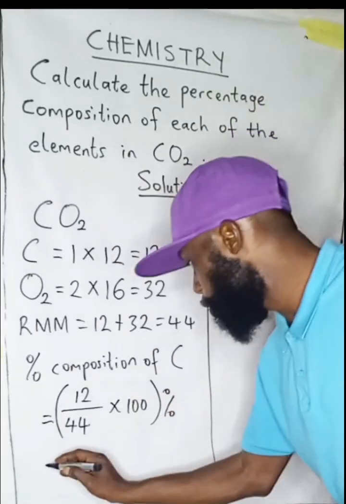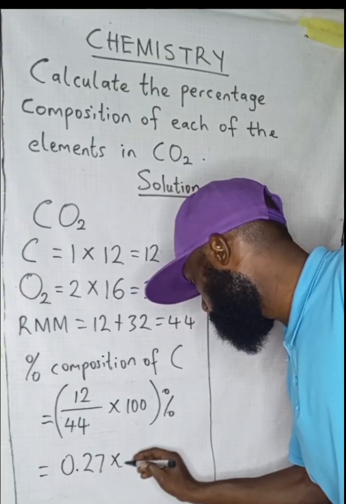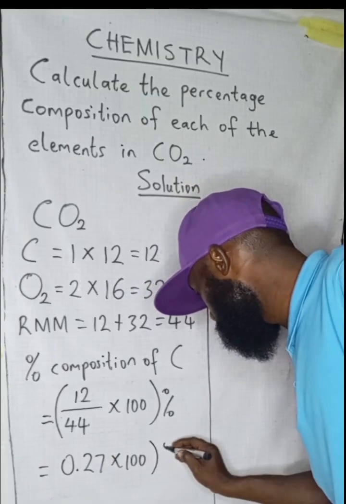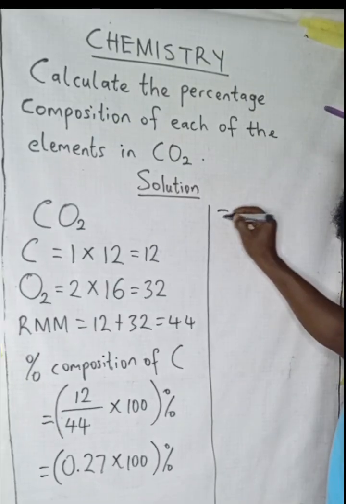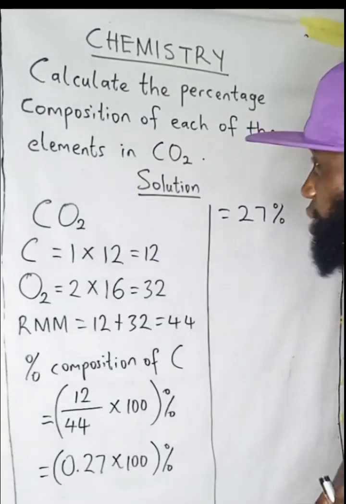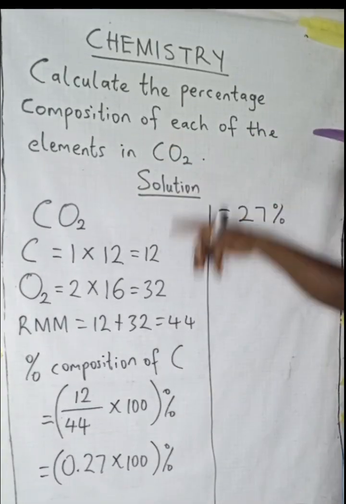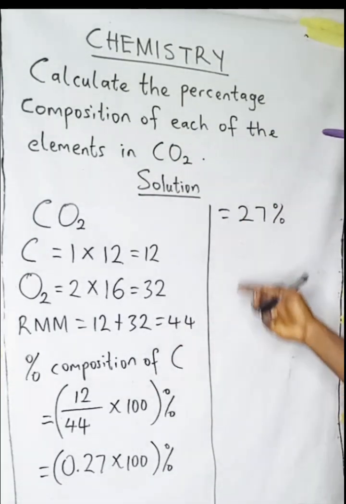If you divide here, you will have 0.27 multiplied by 100, and the answer will be in percentage. If you multiply that, you will have 27%. So meaning that the percentage composition of oxygen will be 100 minus 27. That would be 73%.